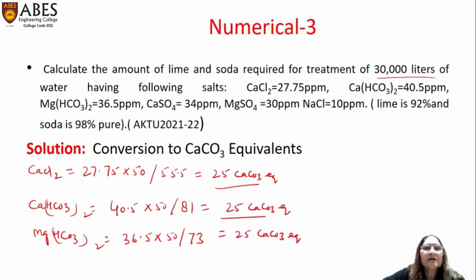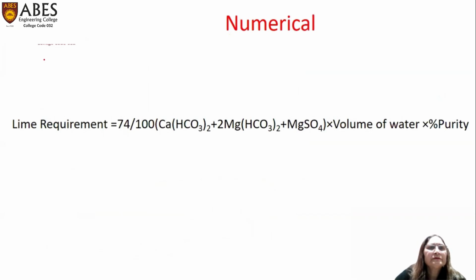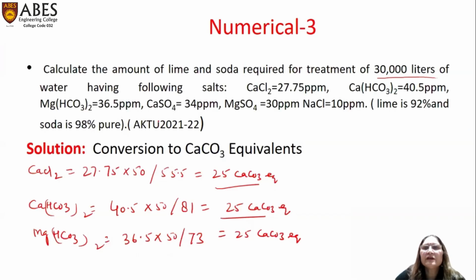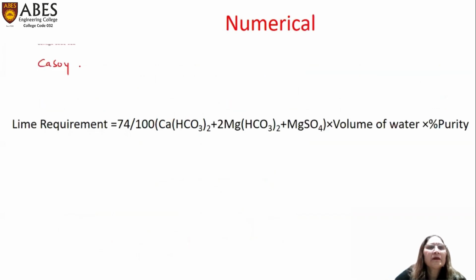Calcium sulfate amount is 34 ppm. 34 into 50 divided by 68, and calcium carbonate is 25 calcium carbonate equivalent.